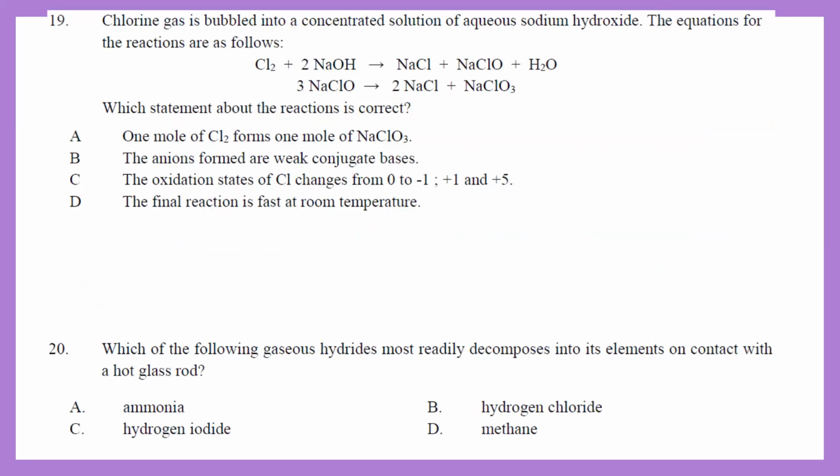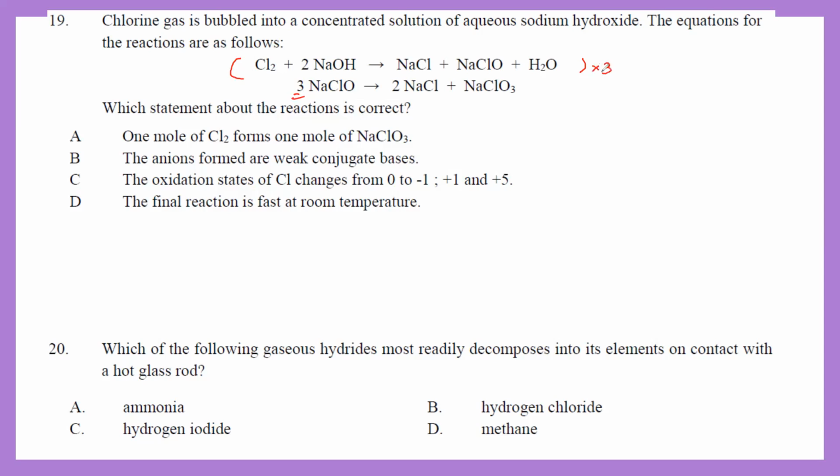Number 19, chlorine is bubbled into a concentrated solution of aqueous sodium hydroxide. The equation of the reaction is shown below. So these are the two equations. Which statement about the reaction is correct? In here, you try your best to make sure that the moles are the same. Since you have 3 NaClO, we multiply the whole equation by 3.